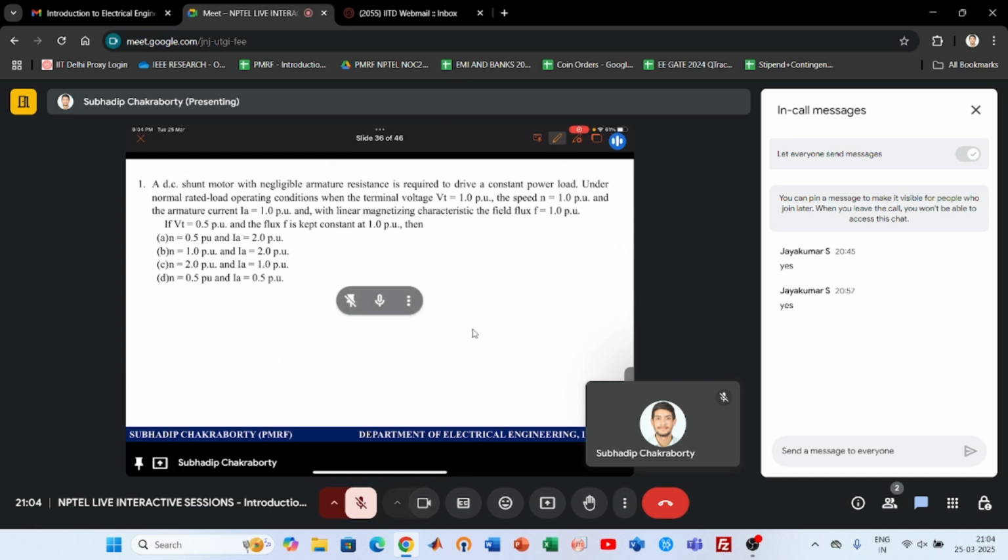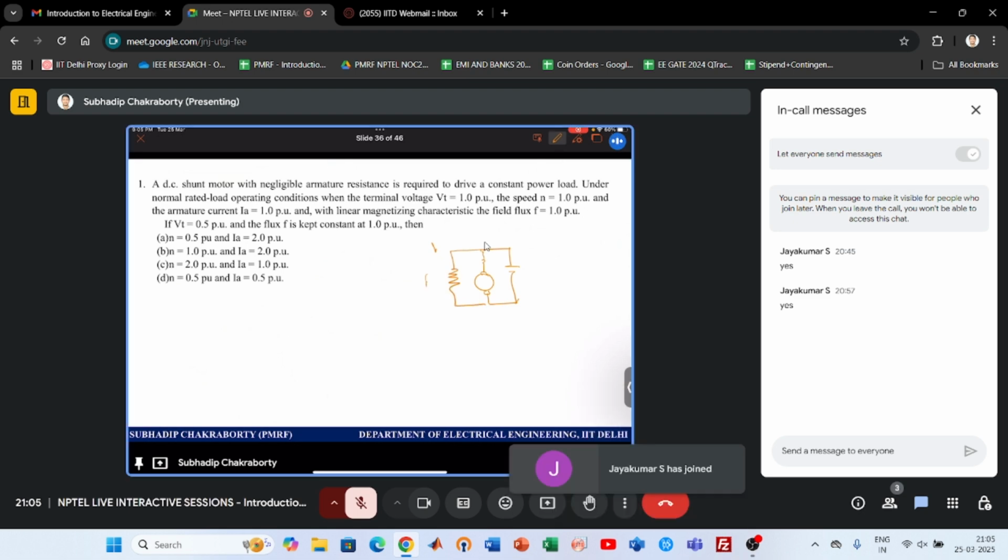Okay, so now I will jump into some practical problems. I will take 5 more minutes and I will finish most of the problems. The first problem says that I have a DC shunt motor. So let me just draw the DC shunt motor, and I have the large resistance field coil.